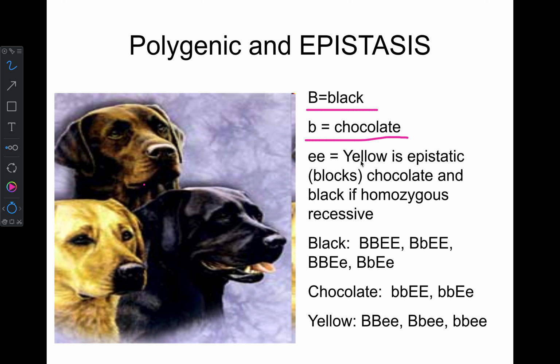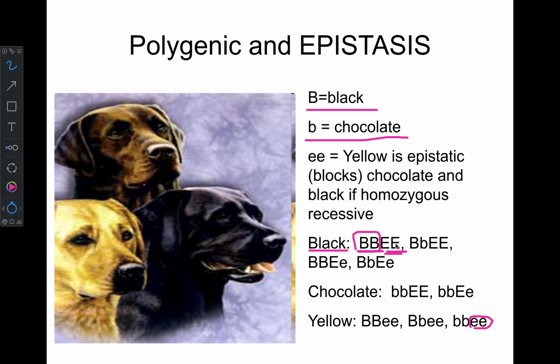How is that possible? Well, there are 2 genes, right? So you can have this B gene and the E gene involved, and if the E is not recessive, then everything's fine, right? So then if the E is not recessive, then we just care about the B gene.